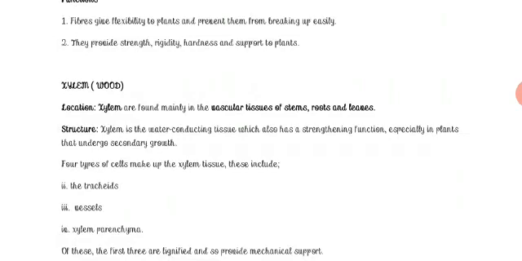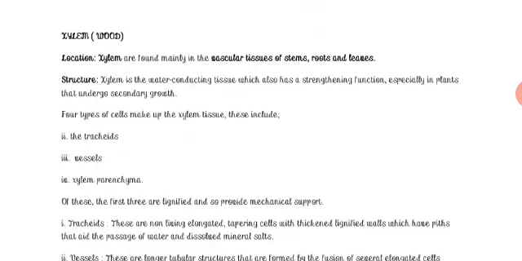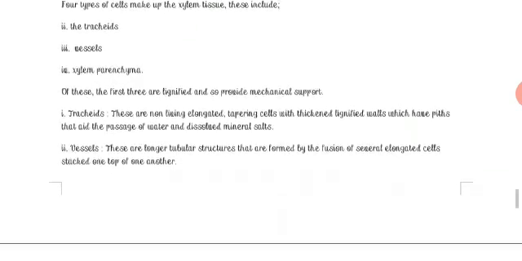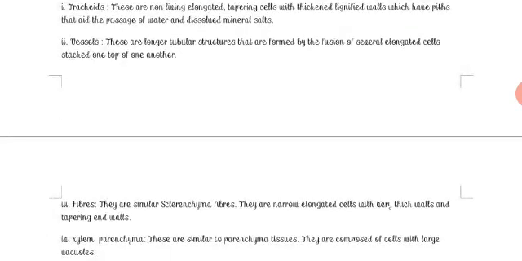This xylem is made up of 4 types of cells, and these include the tracheids, the vessels, the fibers, and xylem parenchyma.